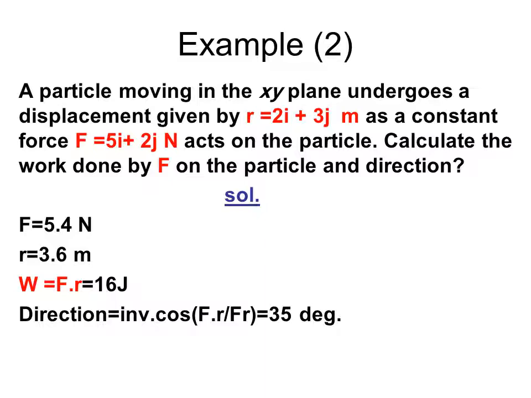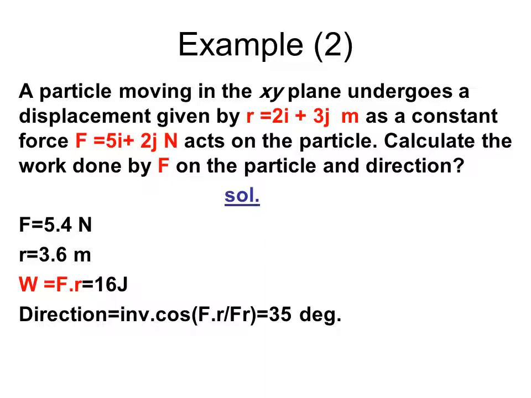Now from the definition of work, equal to force multiplied by displacement as a vector product, we get 16 joule, and we can calculate the direction by the equation of work multiplied by cosine theta. We need now the theta.